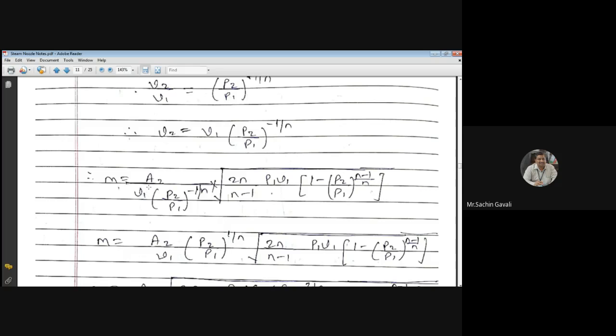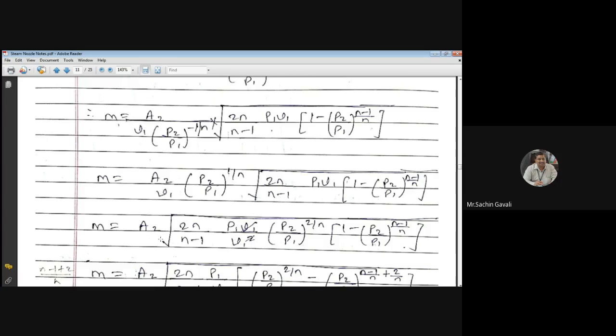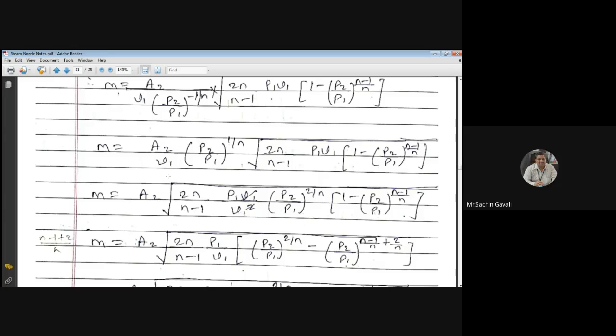This will become a2 upon v1 into p2 upon p1 raised to minus 1 upon n; transferred to the numerator it becomes 1 upon n. Taking a2 outside, p2 upon p1 when transferred into the bracket becomes p2 upon p1 raised to 2 upon n, because under a square root we have to square it first. The value is unchanged. And 1 upon v1 we take inside the square root as 1 upon v1 square.